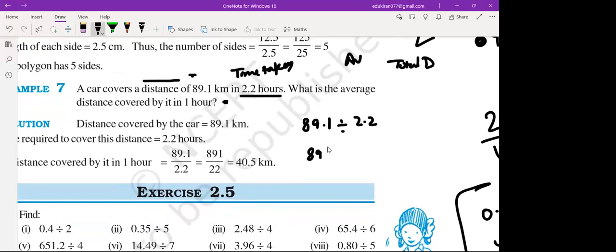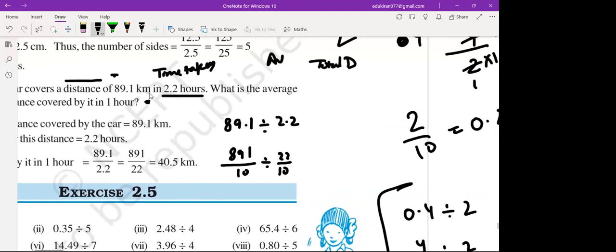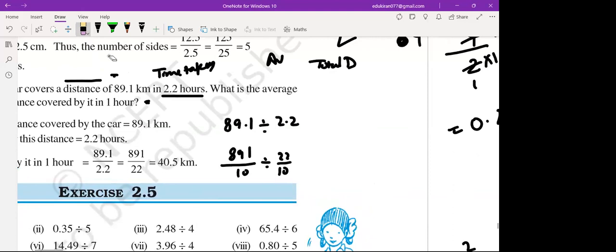Yes, ma'am. I can write it as 891 by 10 divided by 22 by 10. Till here it's fine. I remove the decimal only. I wrote 22 by 10 now. Now after this, 891 divided by 10 multiplied by 10 upon 22.